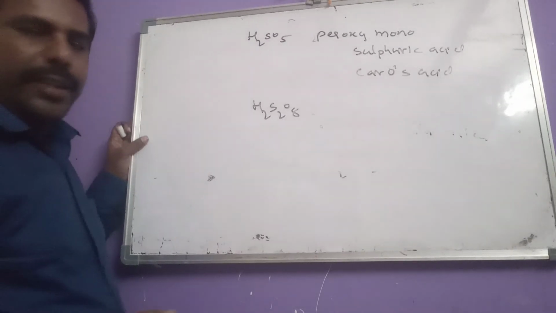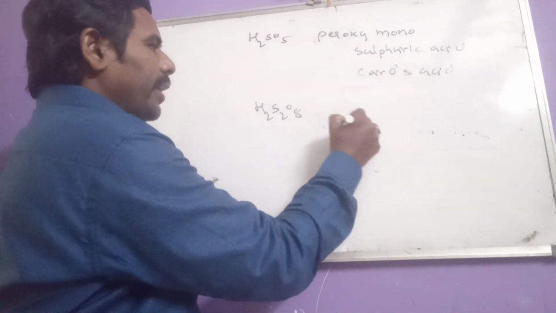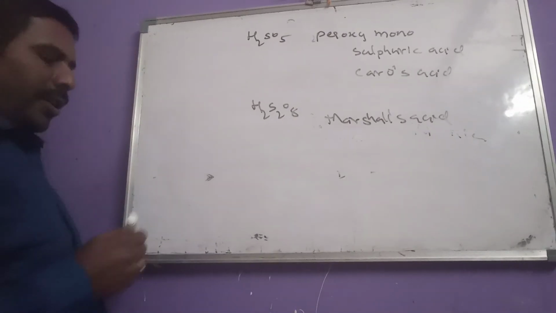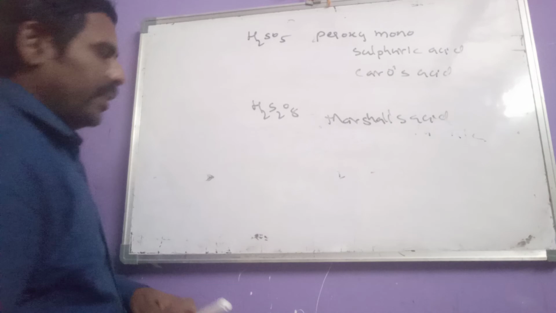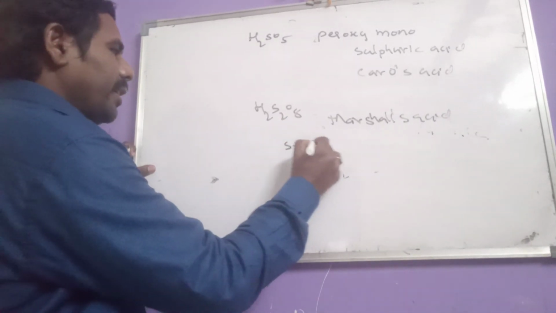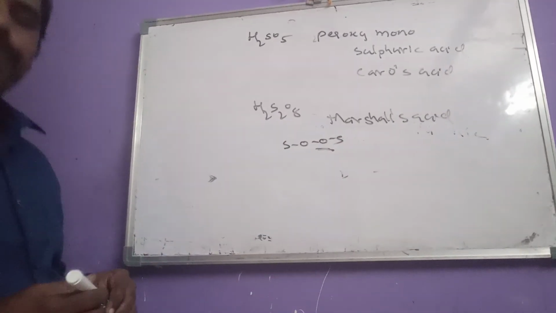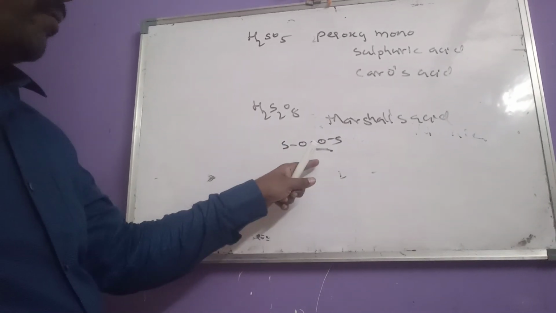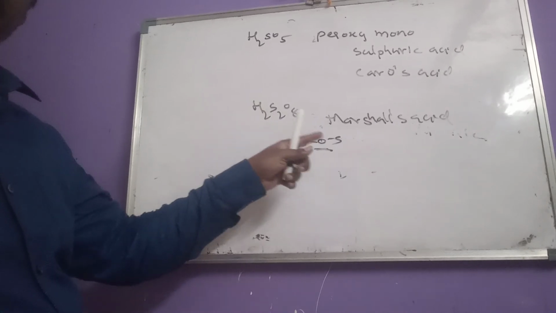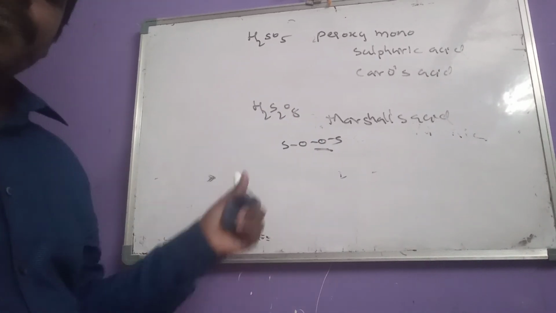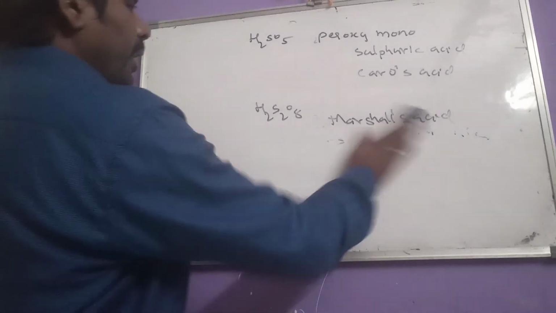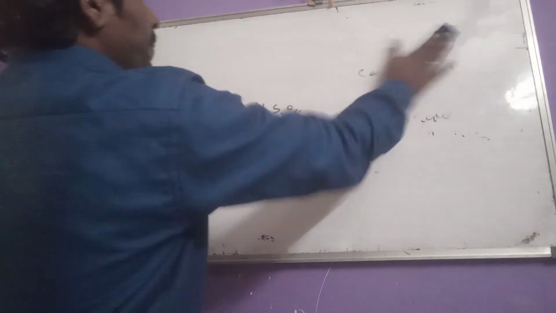This is known as peroxydisulfuric acid, or known as Marshall's acid. And one important thing, this peroxydisulfuric acid contains an SOOS bond. So these are the different oxy acids of sulfur.